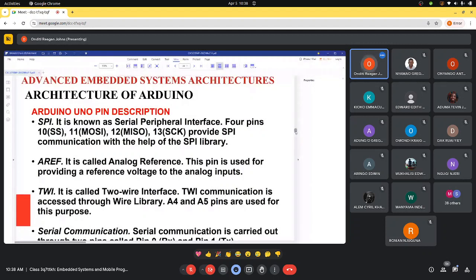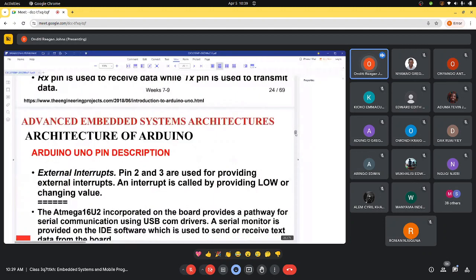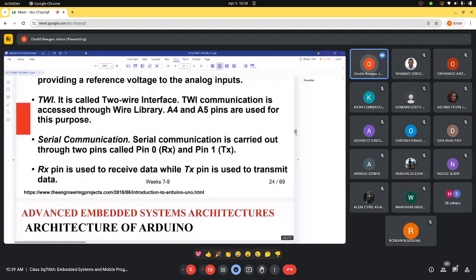During our next class, I'll throw questions and individuals will explain for us what is the function of these particular pins so that we learn them as a class and understand them in detail. We have the serial communication pins, pin 0 and pin 1, where RX is used to receive data while TX transmits data.